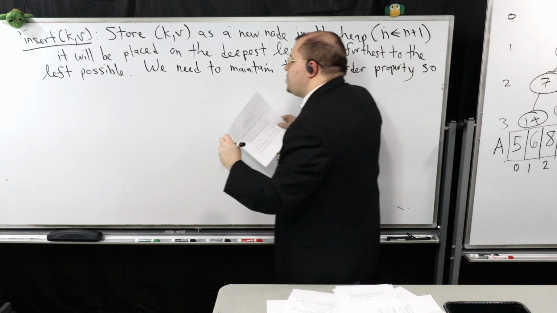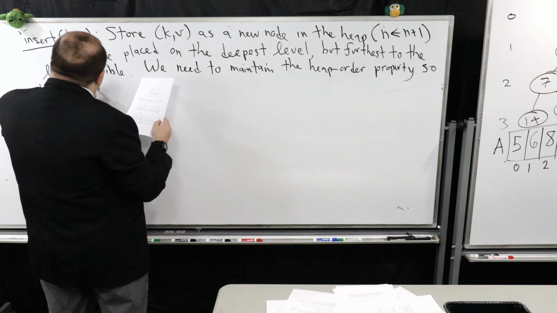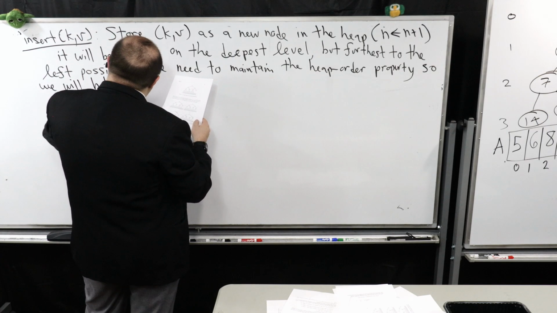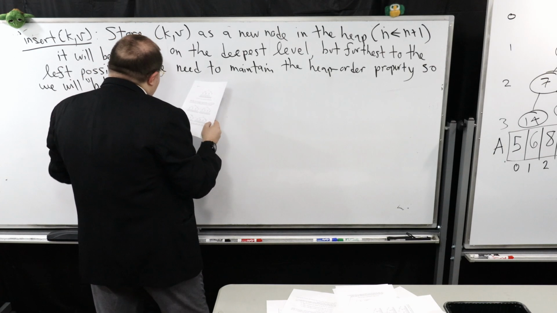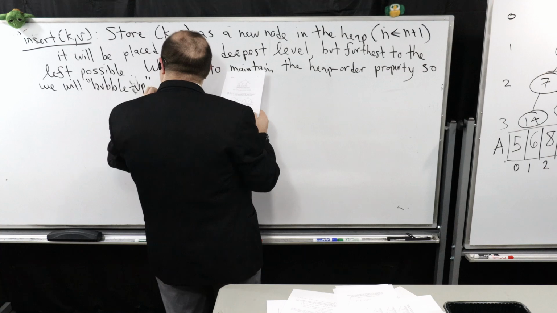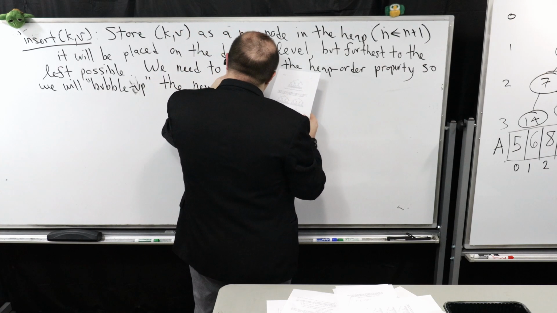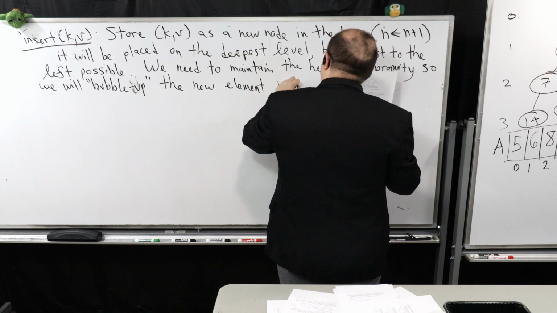So we will bubble up. Some people call this percolate up. I call it bubble up. I think it's a lot more fun. Bubble up the new element until satisfied.